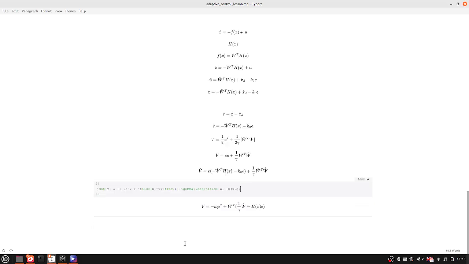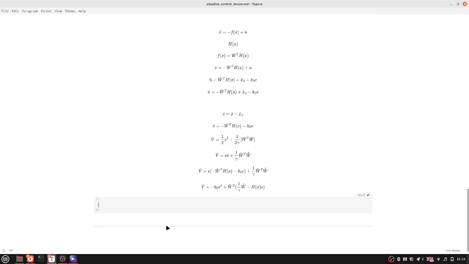Now we use that same notation that we used before, where we say the W tilde is W minus W hat. So W tilde dot is equal to W dot minus W hat dot, and remember W is a constant.